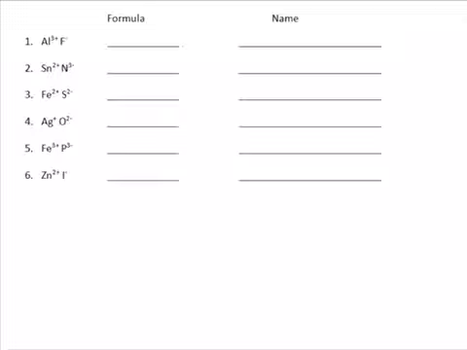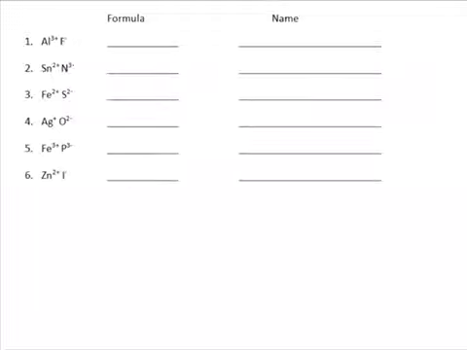Now we are going to see that on this worksheet, the ones that I have an asterisk there for you is a hint for you, because those are going to require a Roman numeral in the name.